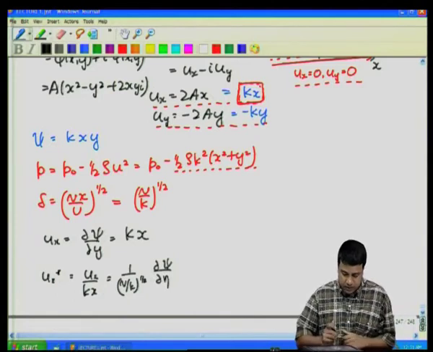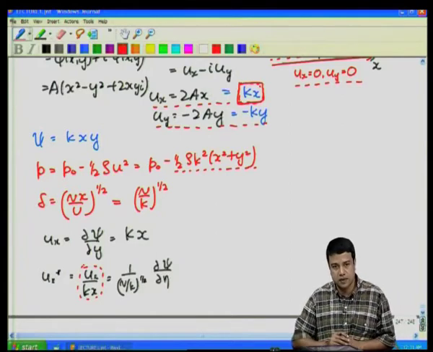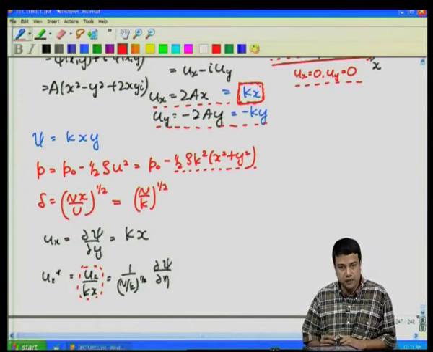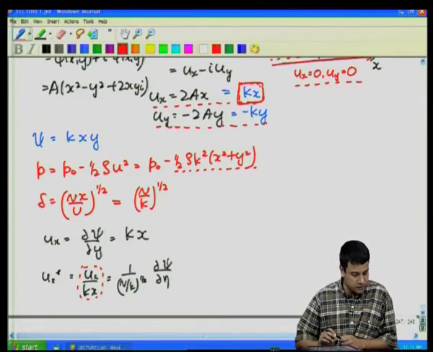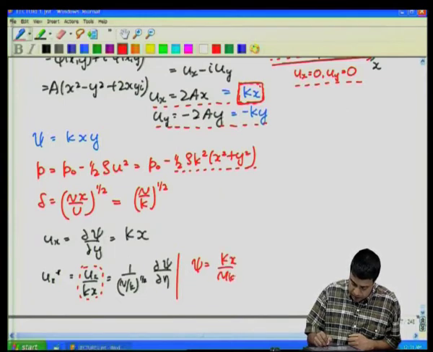So, in this equation, the left hand side is dimensionless. If I define u x star is equal to u x by k times x, and eta is dimensionless on the right hand side, then if I divide throughout, I should be able to get a stream function that is dimensionless, provided I define my stream function as psi is equal to k x by nu by k power half times f of eta.